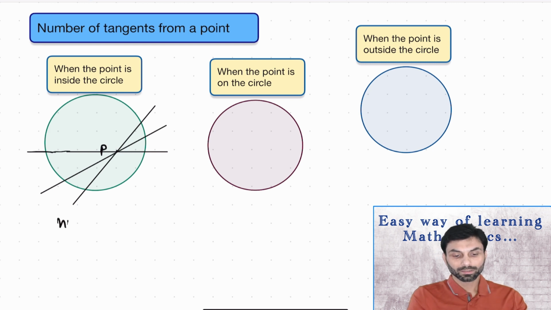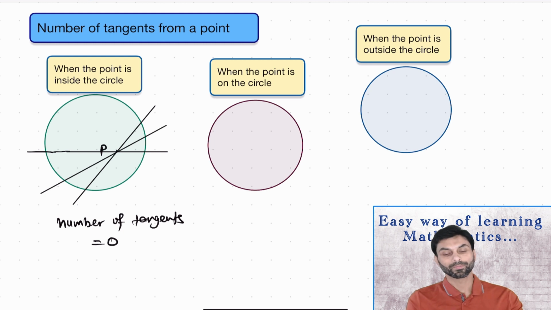So here, the number of tangents will be equal to 0. Moving to the next case, where the point lies on the circle.